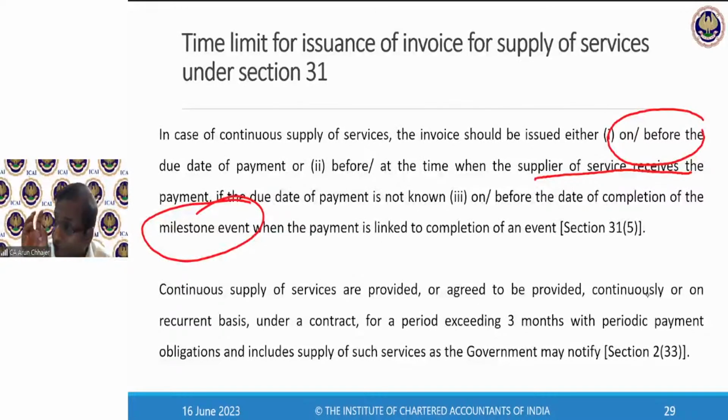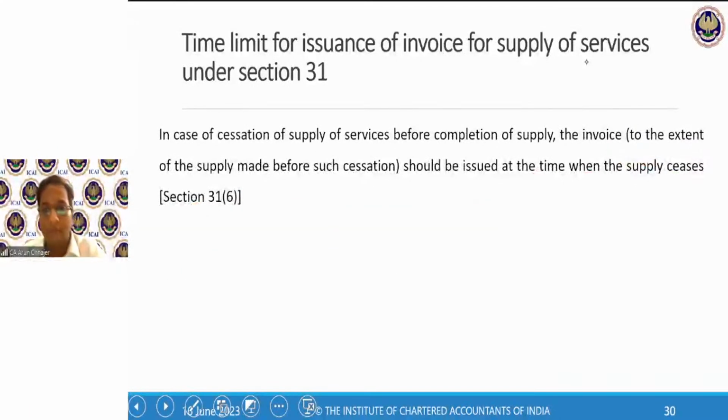Third possibility, if the contract is talking about payment on a milestone basis, then on completion of that milestone, I have to raise the tax invoice. So there are 3 cases in case of continuous supply of service.